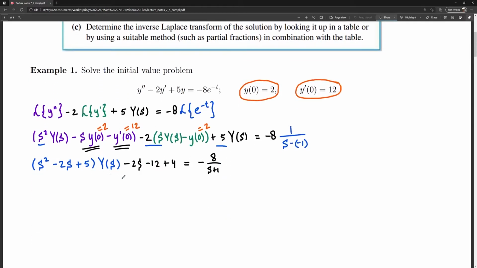So the idea is now to solve this for Y of s. And so we want to bring everything that does not have a Y of s to the other side.